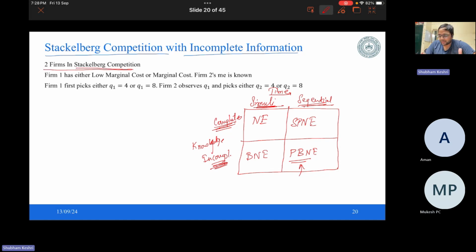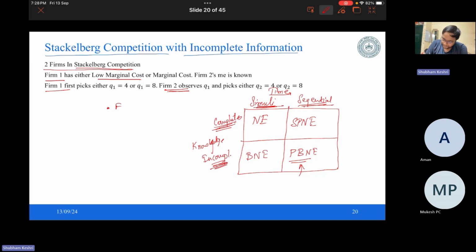I had taken that example to discuss it over here. So we have two firms, firm 1 and firm 2, and we are assuming that there is some incomplete information. Firm 2 doesn't know the type of firm 1. So firm 1 can be of two types. For the time being, I'm drawing here.